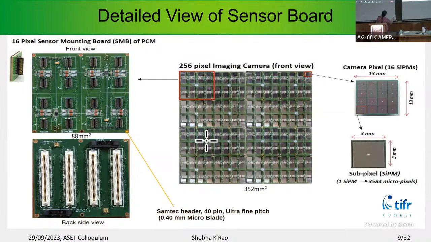We have only 15 mm for each pixel. Amplification has to be done within the 15 mm board dimension, but we have to cater to 16 amplification channels, because the pixel sensor has 16 SiPMs, so 16 anodes had to be amplified. Anode current had to be amplified.